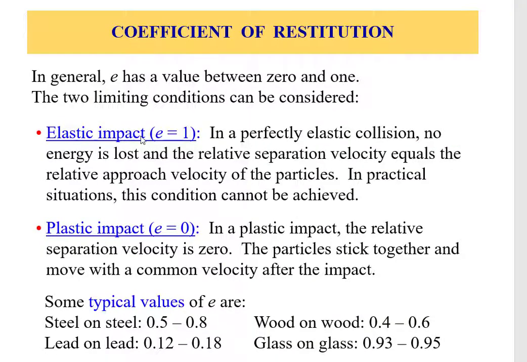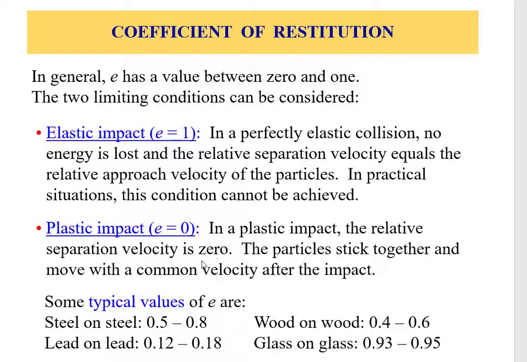So what's the meaning of the coefficient of restitution? A perfect impact, when there are no losses, is when the relative separation is equal to the relative approach, meaning that the total energy is conserved.